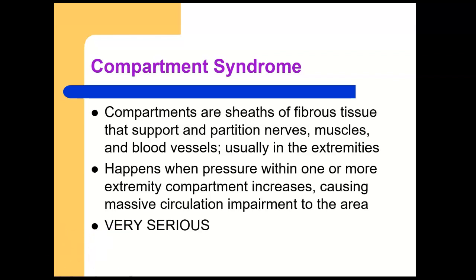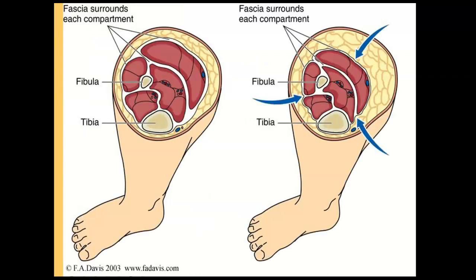So it's very serious. If we don't catch it, they can have neurologic or massive further injury. They could even end up with an amputation if we end up with a severe ischemic injury.